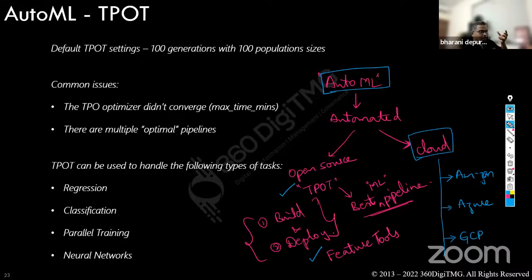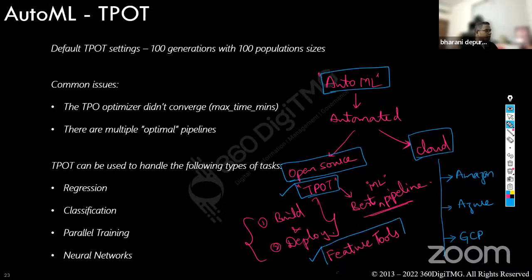But while all these pipelines are automatically built, for you to understand what is happening behind the scenes, it makes sense for us to understand the open source tools. Hence, first we are trying to understand the open source tools, which is TPOT, and this is being discussed now. We have gotten into the practical aspects.